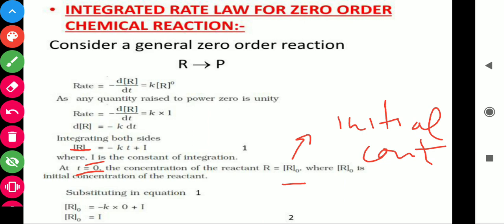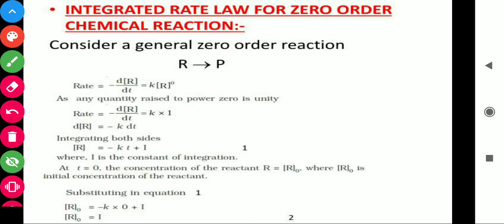When we put t is equal to 0 and R is equal to R naught, then R naught becomes equal to I. It means the constant has the value R naught when the reaction just starts.